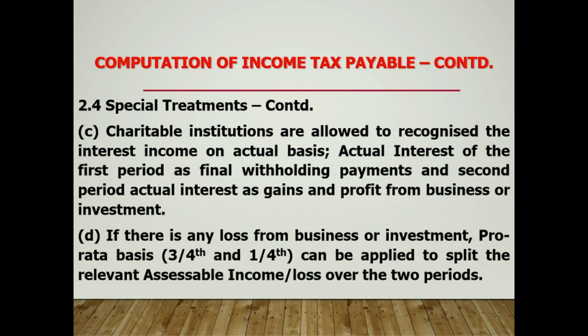Then apply the pro rata basis, and thereafter you can apply the rules available in section 19 of the Inland Revenue Act in arriving at the taxable income separately. I will discuss this in my examples, and thereafter you will understand how to compute your taxable income if you are having losses.